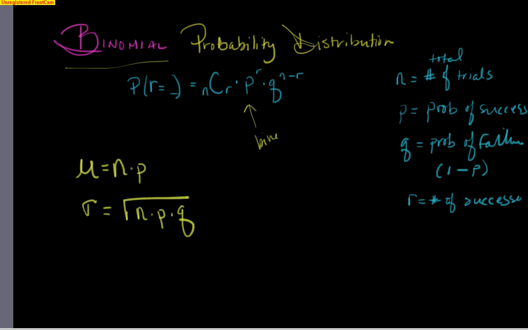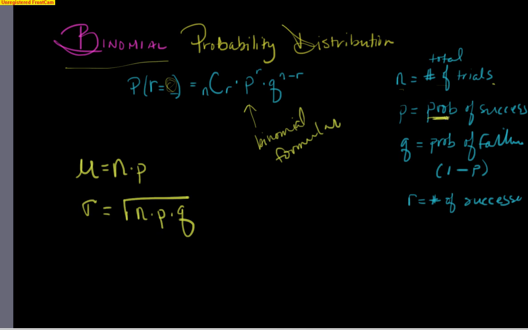We can use the binomial formula, which is the probability that R equals whatever value you want, the number of successes, the probability she sells 3 houses or 8 or 6 houses or 7 houses, is equal to n choose R, times p to the power of R times q to the power of n minus R, where n is equal to the total number of trials that you are having.